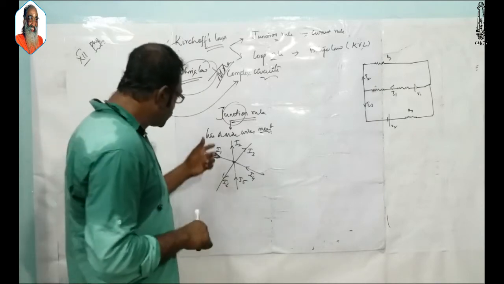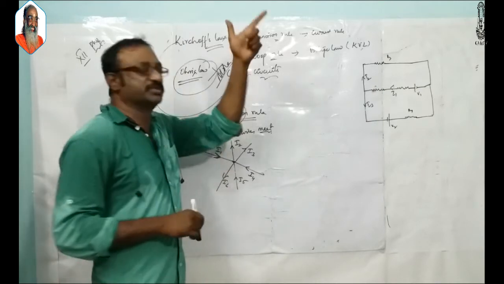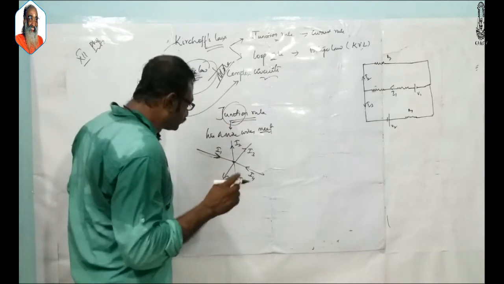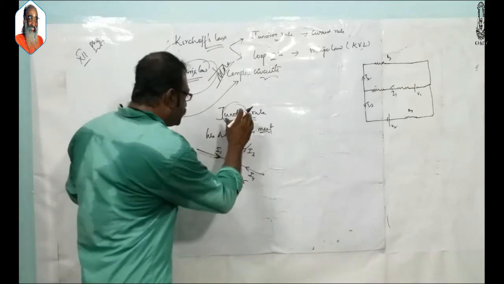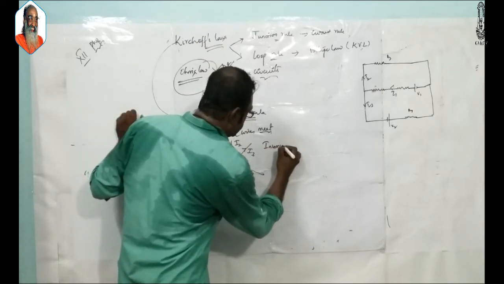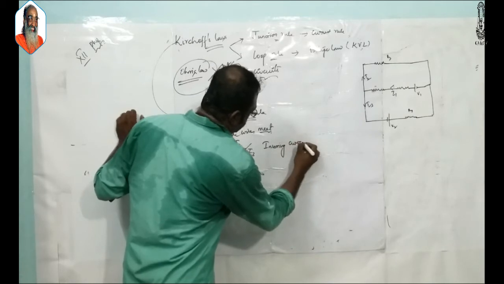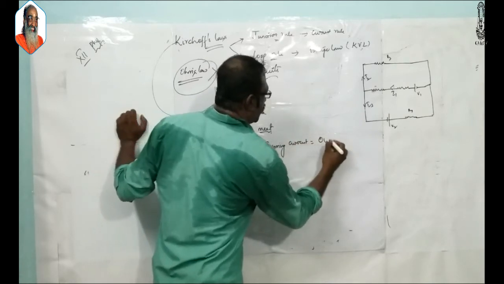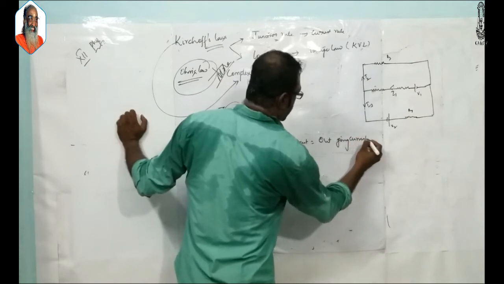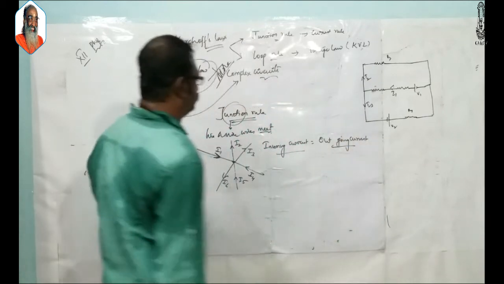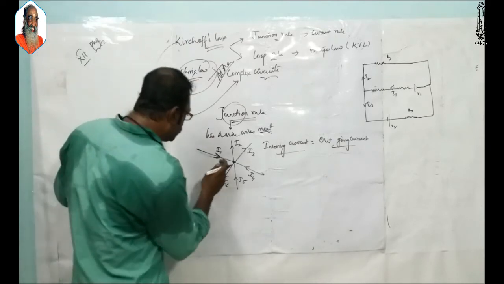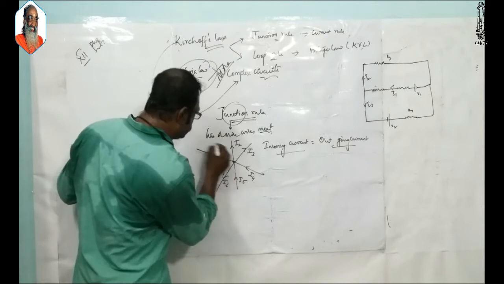Okay, and here what does the rule say? The incoming current is equal to the outgoing current. That's it. So let us see here what the incoming currents are: I1, I4 and I6.